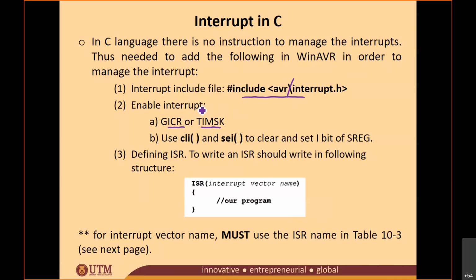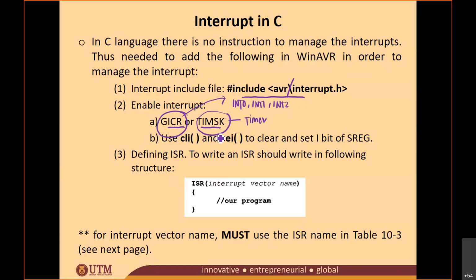For the GICR, if you're going to use INT0, INT1, and INT2, which are the external hardware interrupts, you need to enable at GICR. If you're going to use the timer interrupt, you need to enable the TIMSK. So this is for the timer interrupt. That is the first location.